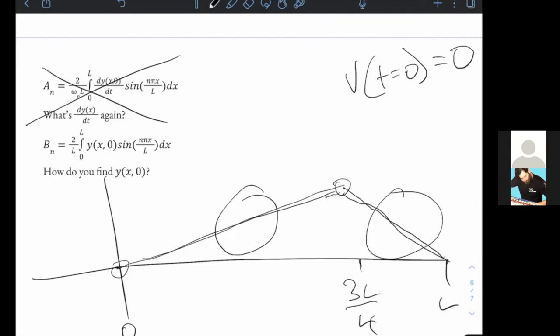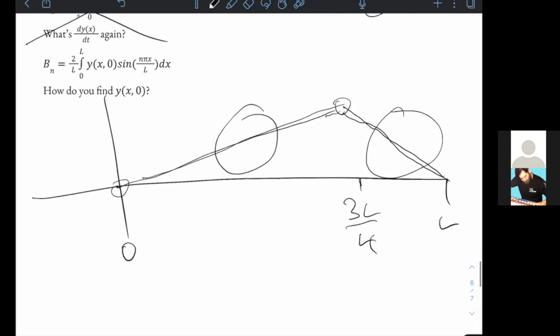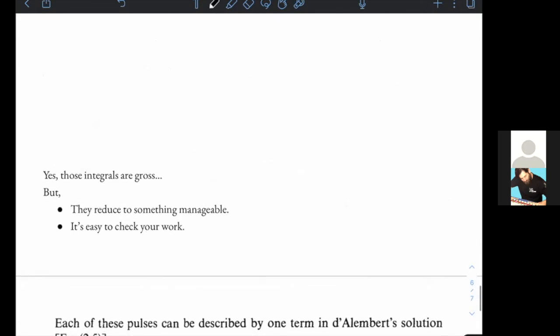So where are we at? We've got two equations for y of x comma 0 in these two sections. And now we've just really got to run our integrals, and we're not going to go that far here, but I'm going to tell you this.